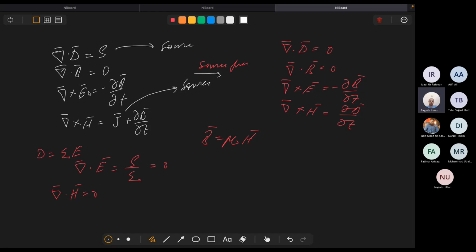So if we have this one, and if we write in the B form, like, considering this one without source, or with source can also be possible, but without source is at the moment more important.